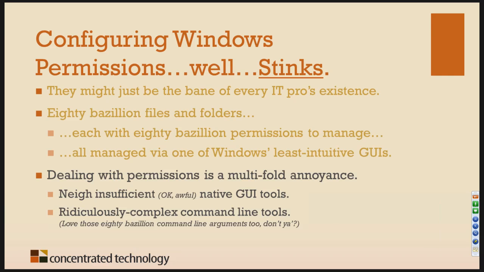So for a lot of us, really for all of us, dealing with permissions is kind of a multi-fold annoyance. You have these tools that are out there that are just, let's call them, awful. And so Microsoft talks about, hey, we've got all these great other tools that are out there. We've got PowerShell, we've got the command line, we've got iCACLS, we have all these other things that are out there.